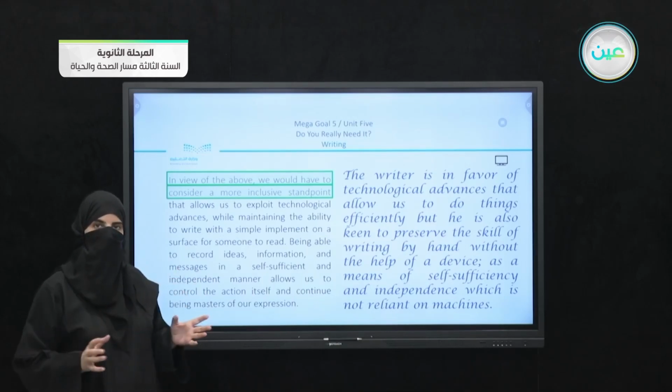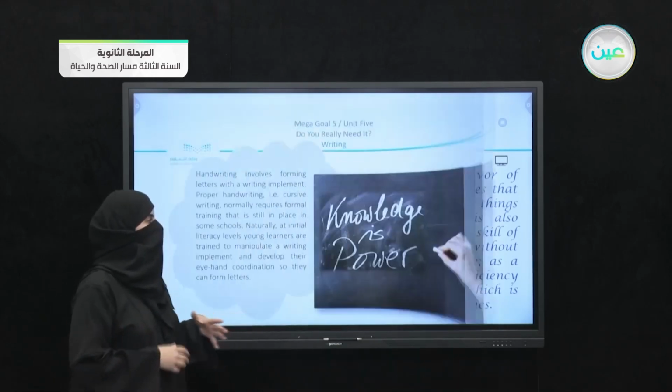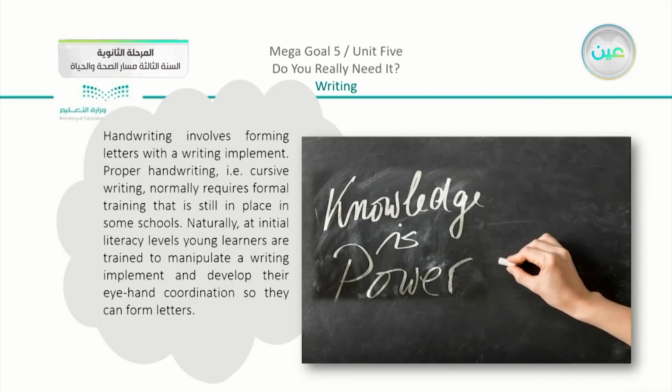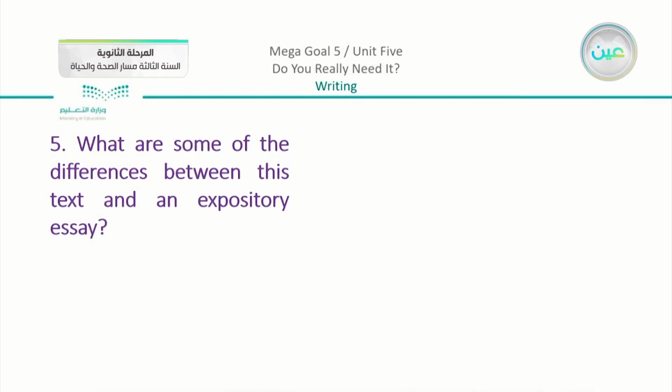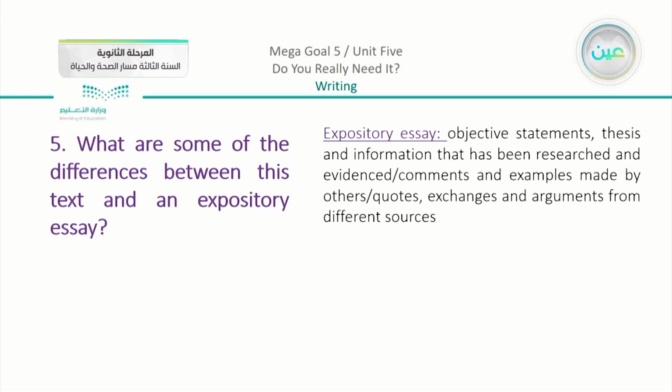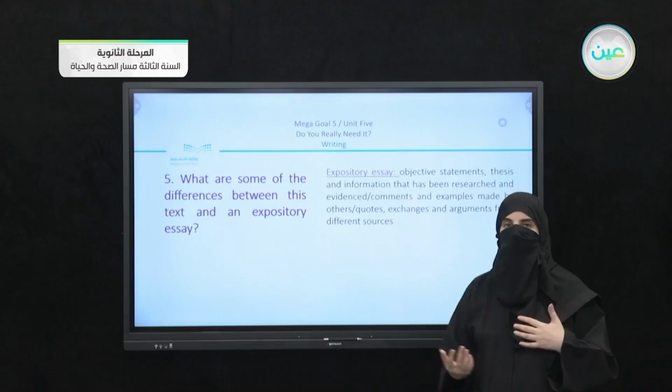So this is what we have here. This is the basic topic, and after we had finished the paragraph here, we had the kind of summary that we passed by, and we moved on to the question, which is what are some of the differences between this text and an expository essay. Now, if you do remember in the previous unit, we did have the expository essay, and just to remind you, we showed the difference between the two types of essays.